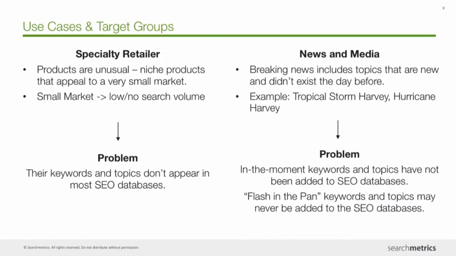A couple of target groups are, one, retailers, so people that are operating in niche markets, or people obviously looking to launch brand new products, for example, new iPhones, new Samsungs, new mobile phones. The other area is news and media.